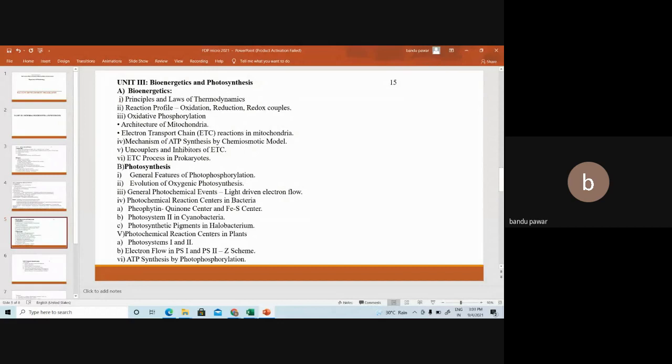Four complexes are present in the electron transport chain, and how the electron transport chain can be inhibited by various types of inhibitors like rotenone and antimycin A. Rotenone inhibits complex 1 and antimycin A inhibits complex 3. Uncoupler is also important.